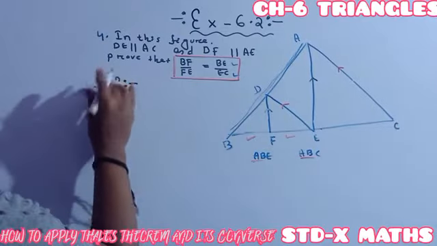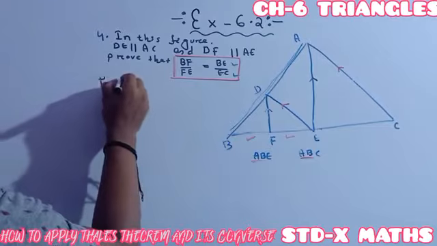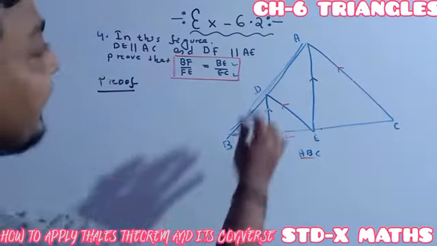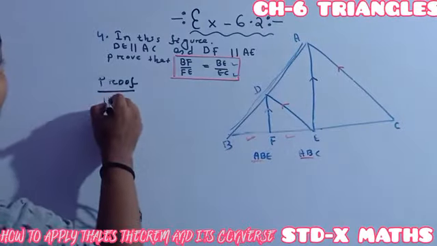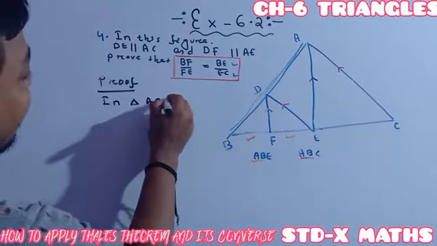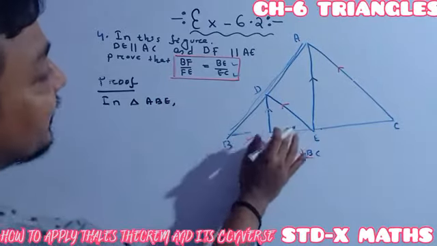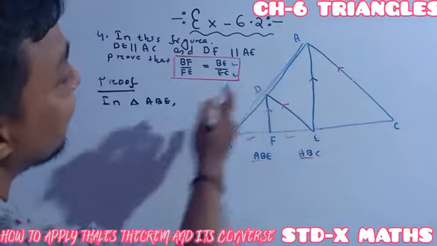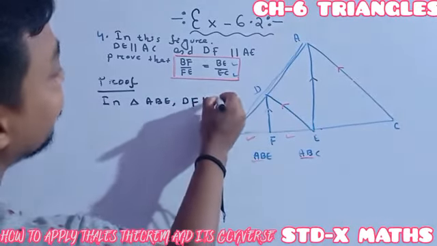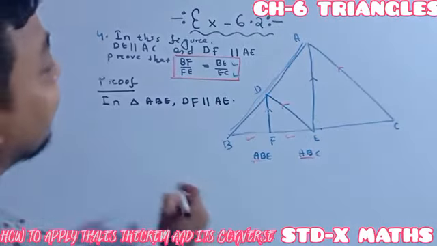See, in triangle ABE, which one is parallel to which one? DF is parallel to A.